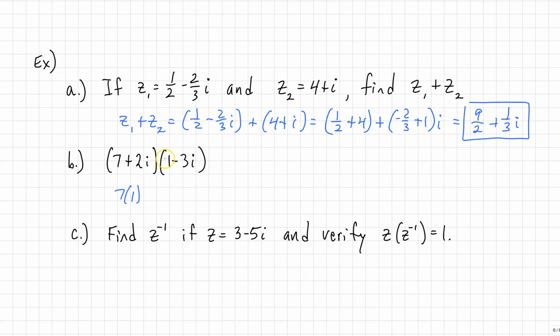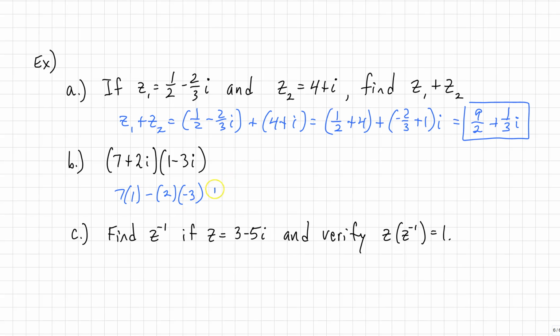So remember, the 7 times 1 is part of your real part of the product. And then when you take 2i times negative 3i, you're going to get negative 6i squared. The i squared is negative 1, so you get negative 2 times negative 3. So that'll give us the real part.